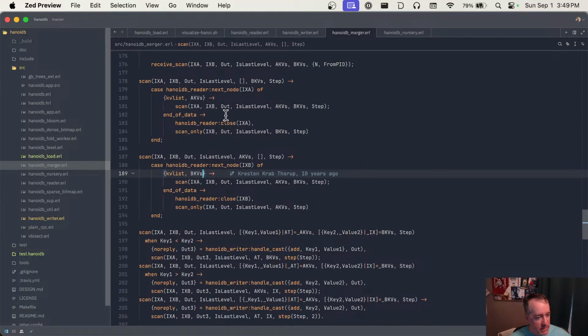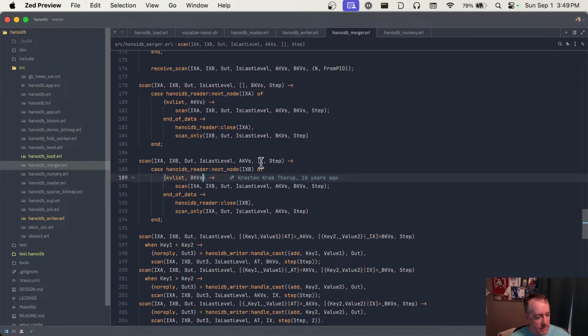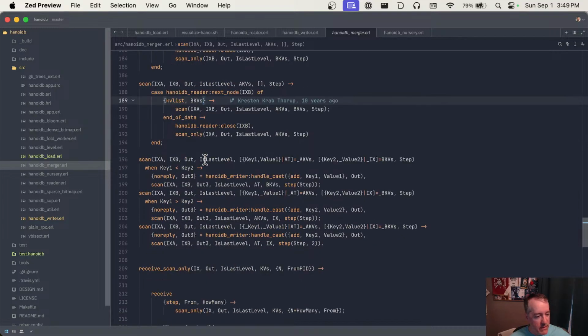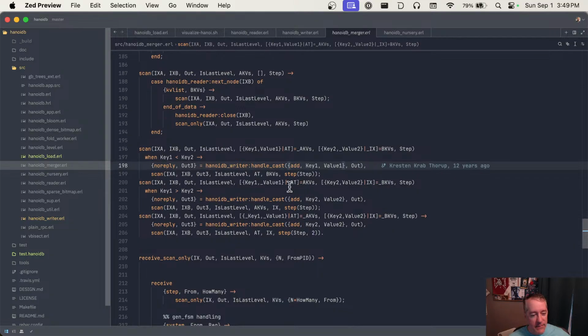Okay, so what's not clear to me is if neither of these are empty. Okay, so now we're going down here. So now you're comparing the keys and values there, and if A is less than B, then you add A to the file, right? And then if A's key is greater than B, then you add B to the file, and so forth, and you're popping them off the list, right?